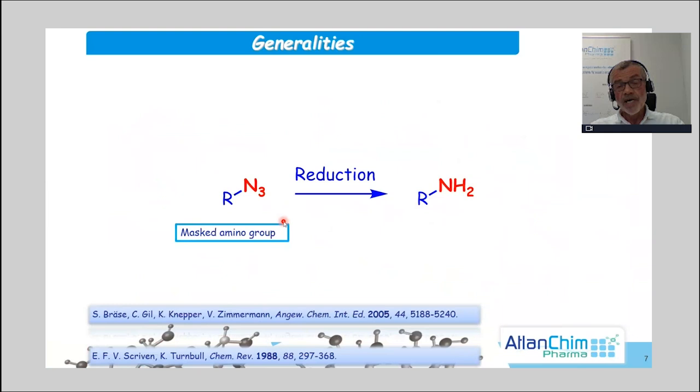In addition, the azide function is resistant and tolerates a wide range of chemical procedures, so it could therefore be considered as a masked amino group, avoiding in this case a protecting group strategy.